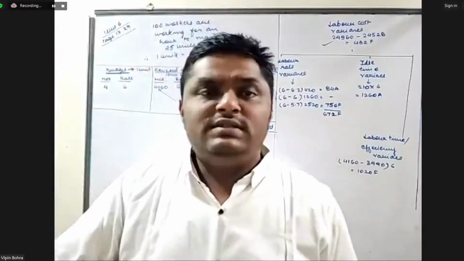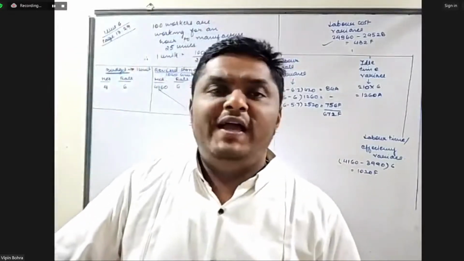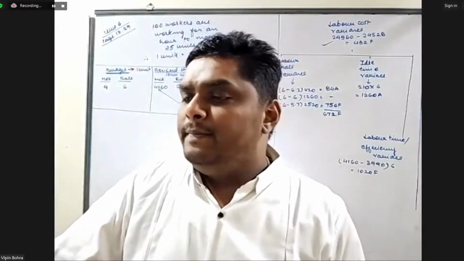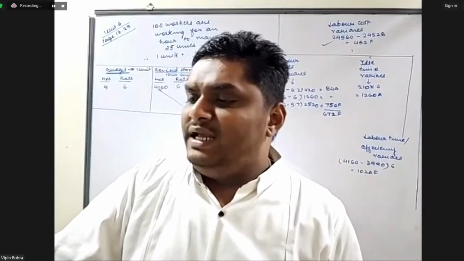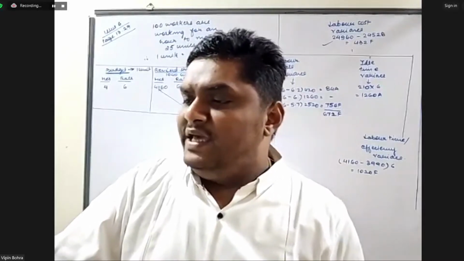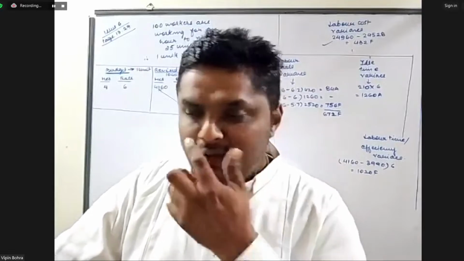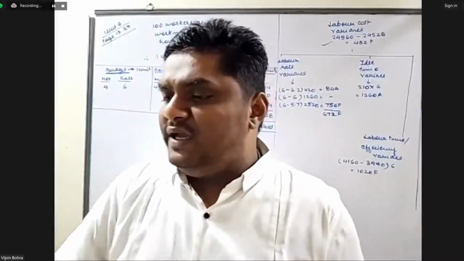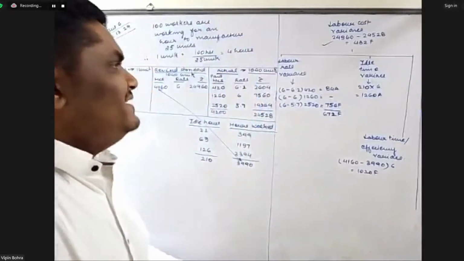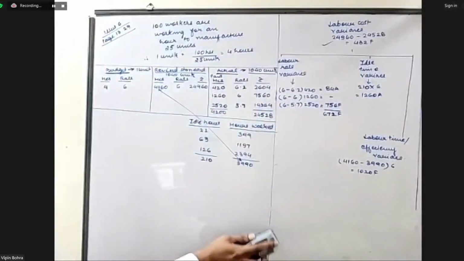Okay, so now let's start with practical question number 5, the labor part only. I request you guys to please open practical question number 5, page number 13.59. One of the students is facing difficulty in practical question number 5. I hope you guys have copied this part.